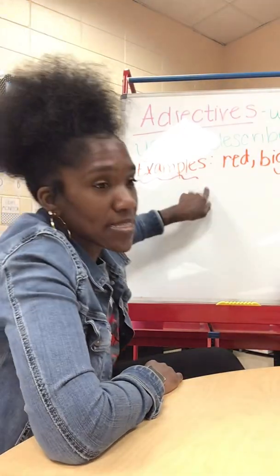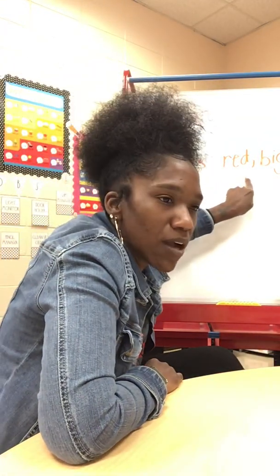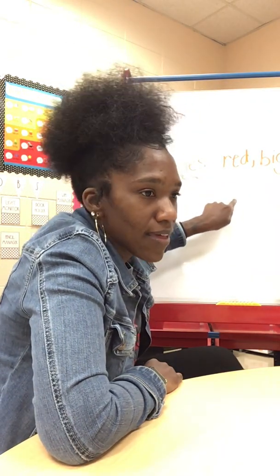And I gave a few examples here. Remember last week we talked about how colors are adjectives? Like the color red. So Janera looks like she is wearing a white shirt. Are you wearing a white shirt, Janera? Okay. So Janera is wearing a white shirt.